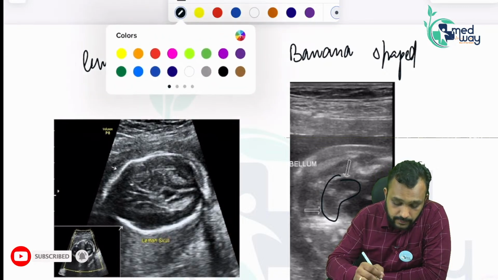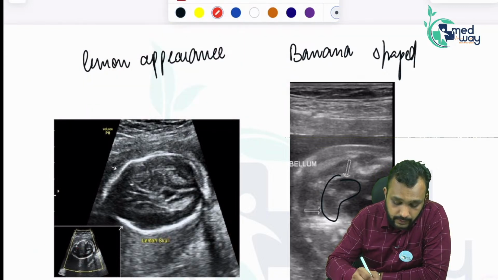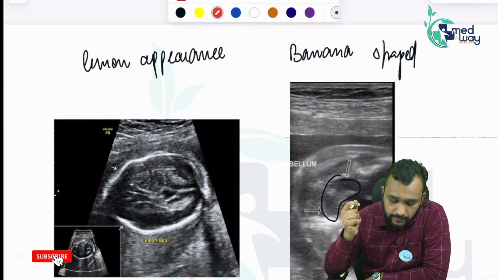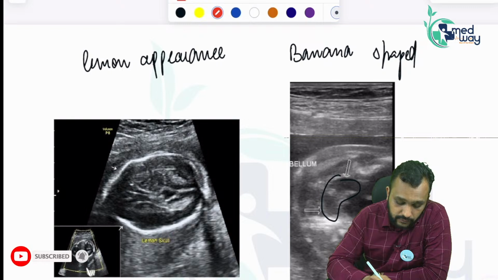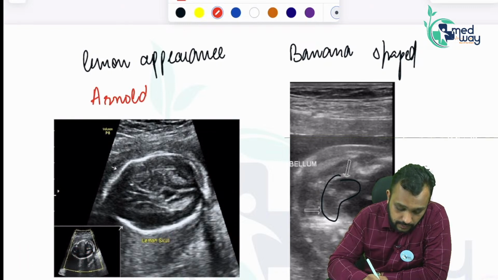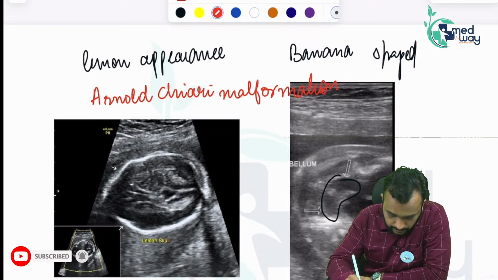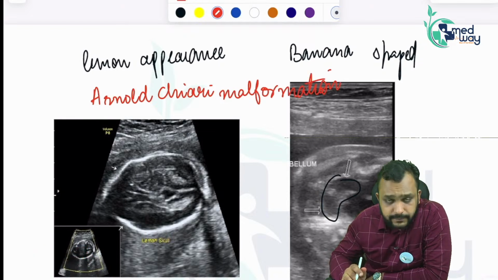This is seen in patients with either banana-shaped appearance of the cerebellum or lemon-shaped appearance of the skull, seen in Arnold Chiari malformation, right?